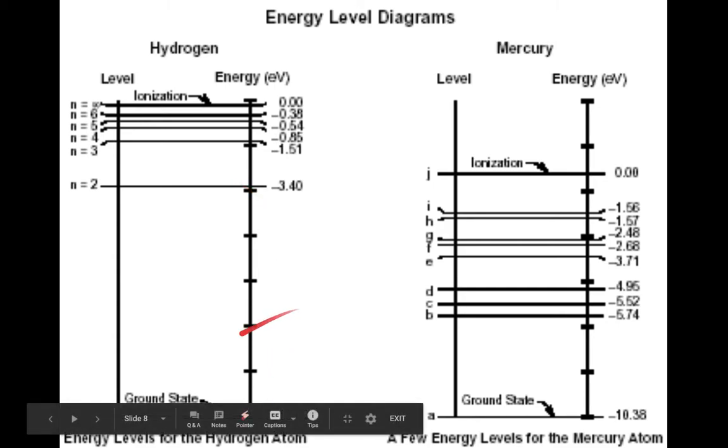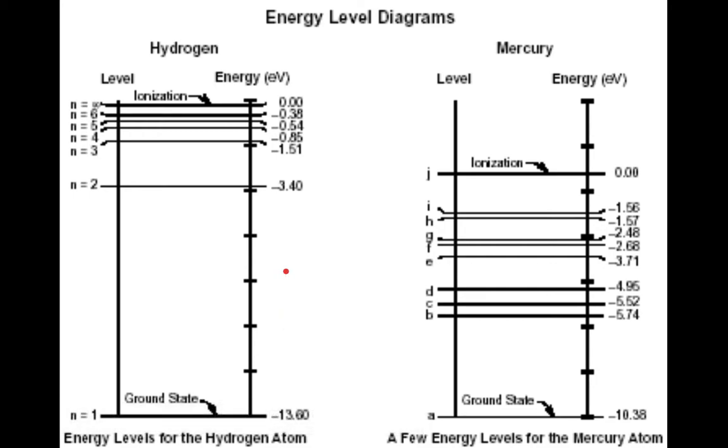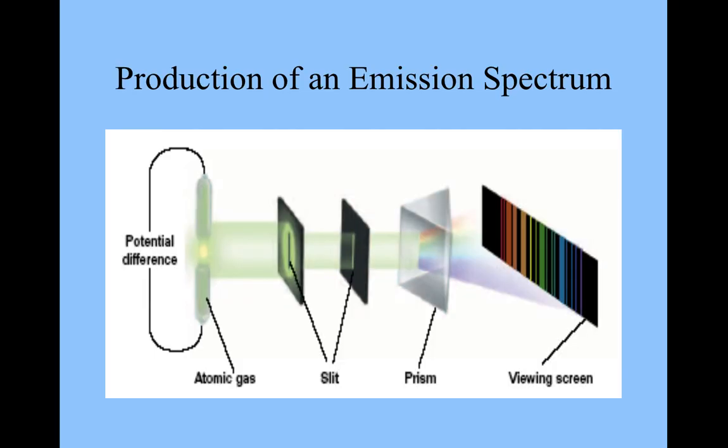Electricity pushes it up to level 2, and light is released when it drops down to level 1. Each of these transitions corresponds with a different energy, thus a different frequency, thus a different wavelength or color of light. So the red light might be a transition from 4 to 3.